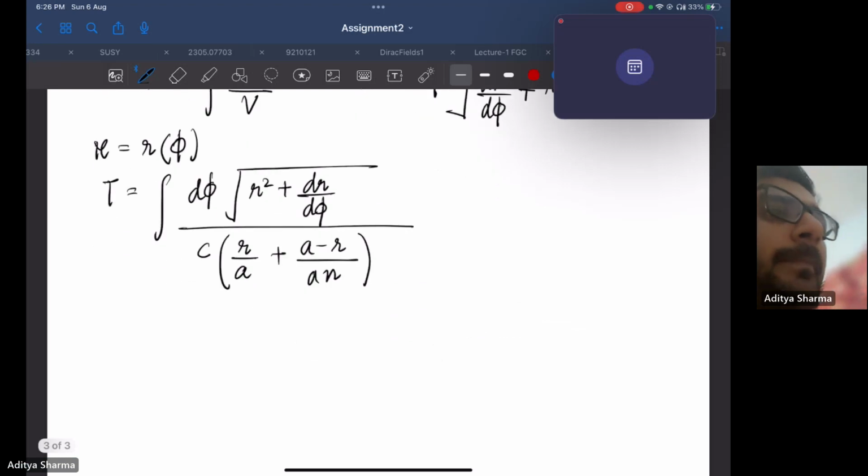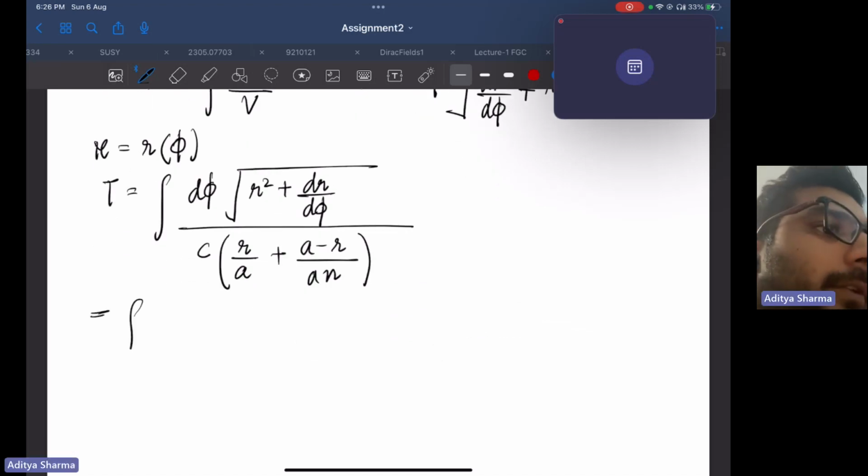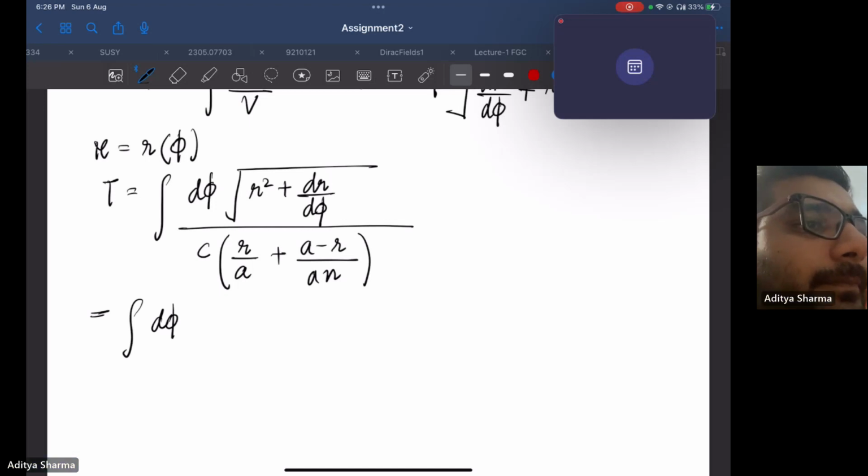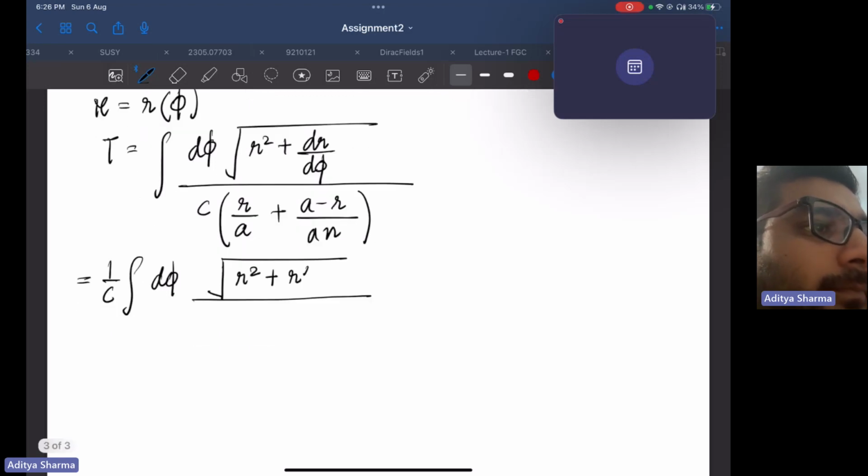That is equal to the integral d phi, 1 by c, over r plus (a minus r) by a times n.